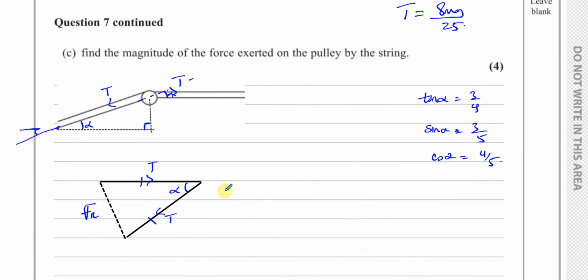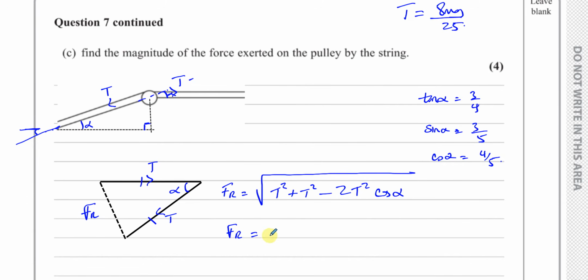So the resultant force is going to be the square root of, using the cosine rule, b squared plus c squared, which is T squared plus another T squared, minus 2 times BC, and B and C are both T, so 2 times T squared, times the cosine of alpha. I know that T is 8 mg over 25, but I'll leave it in terms of T first and fill in T later to make life easier.